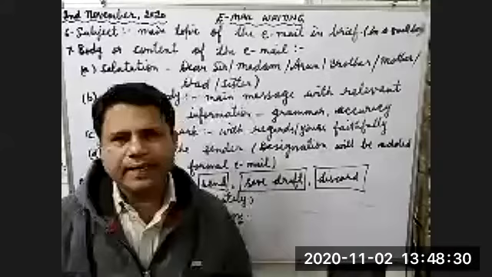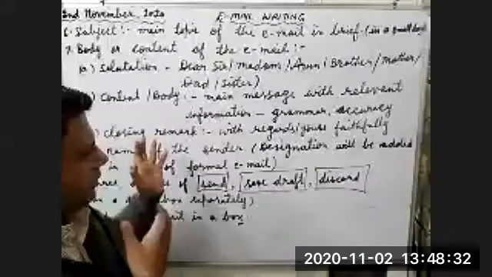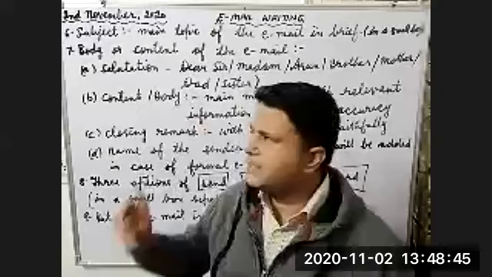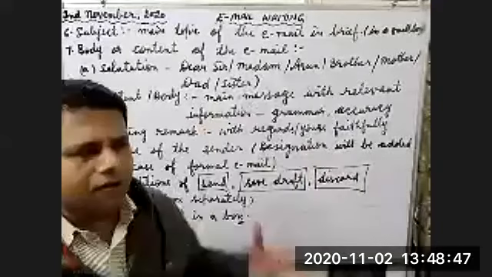But when you are making an email in an examination hall, then you have to replicate the email as you see it on the internet. Okay, this is the format. This is how you will make the email.